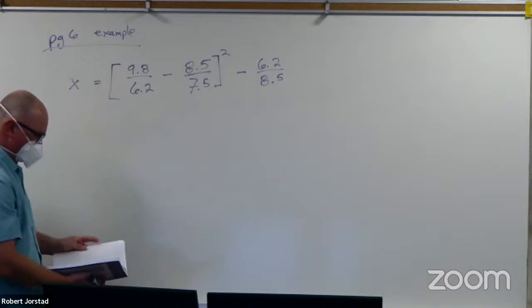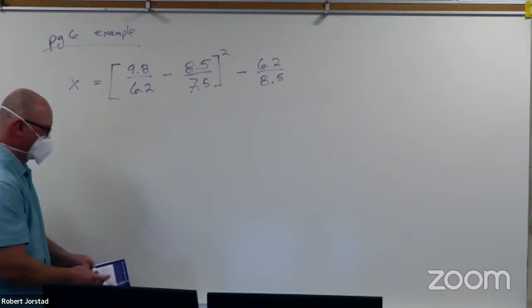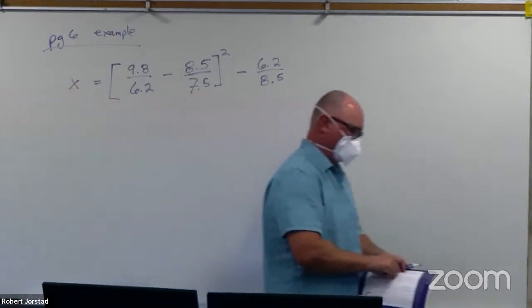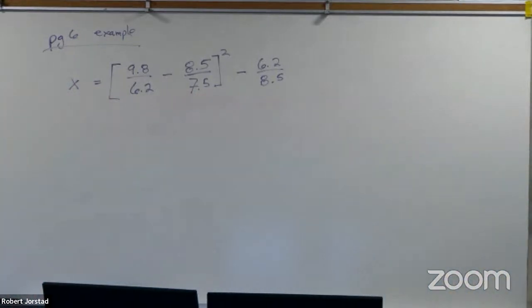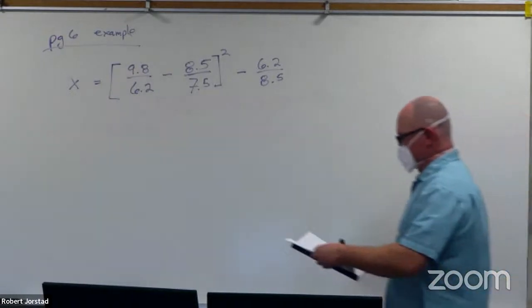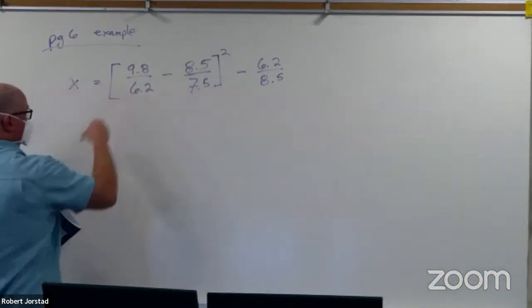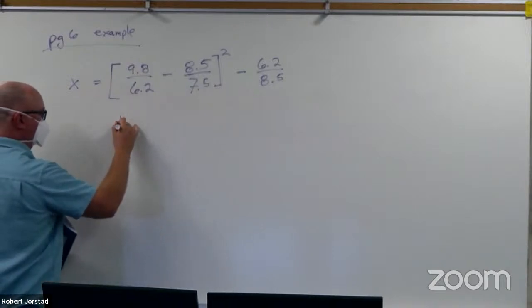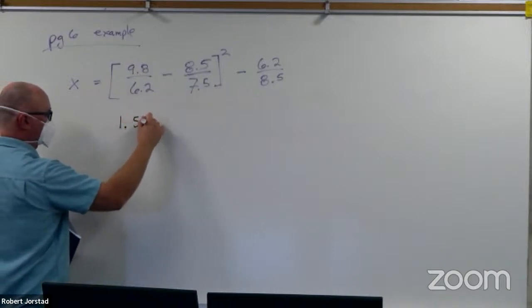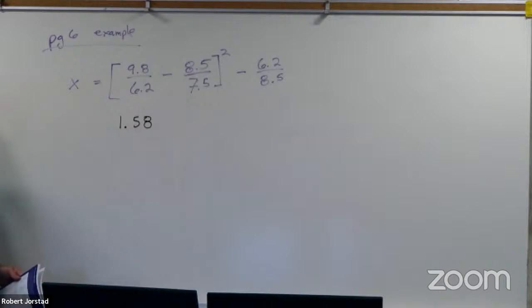So in this case, oops, let me get back there. It's handy to use this one because then we don't have to keep punching numbers into the calculator. But so what I would do is when I punch this number into the calculator, I get 1.58, etc. You might say, how many extra digits do I need to write down?